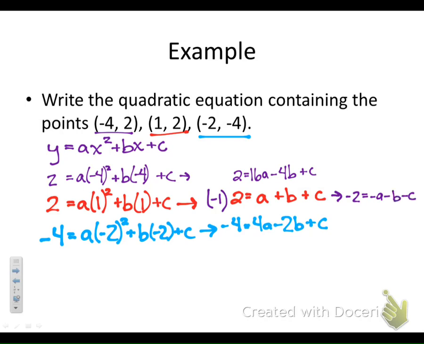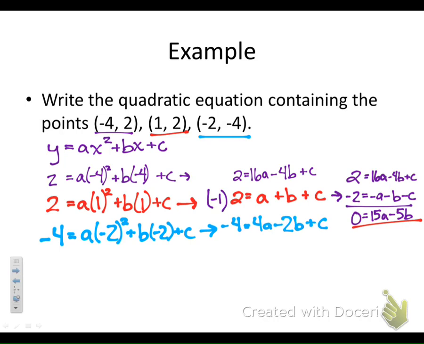Let's combine these 2 equations. One of our new equations will be 0 equals 15a minus 5b. This is going to be one of my equations that I use later.